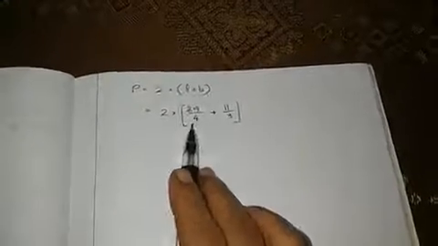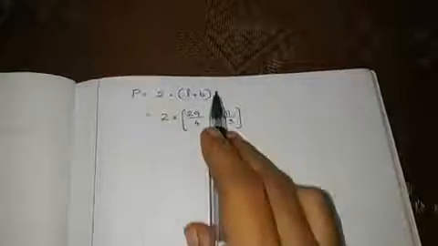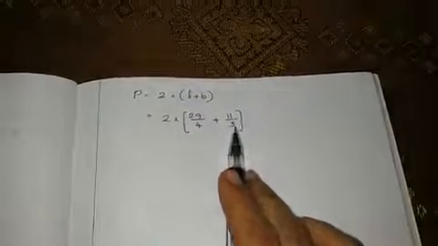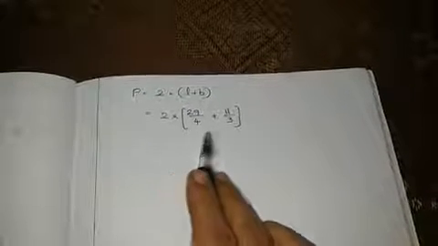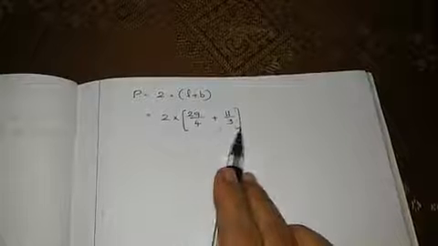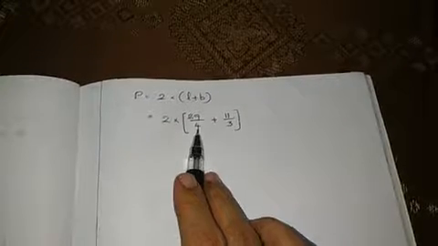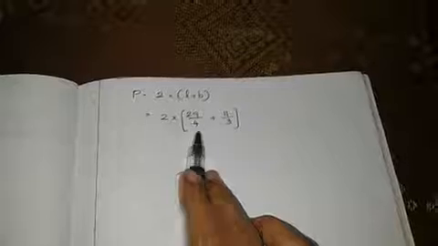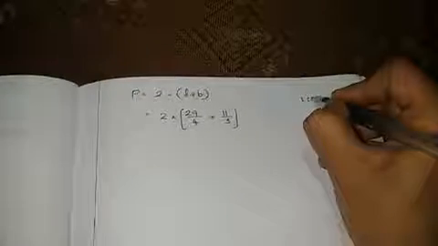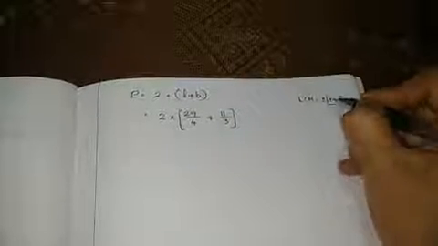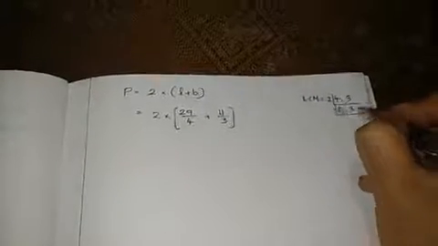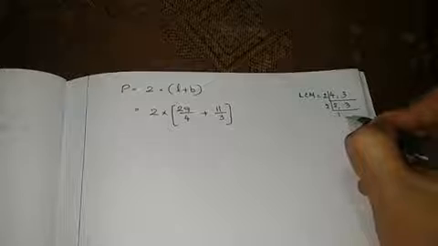Instead of L we can write 29 by 4. Instead of B we can write 11 by 3. Okay. Now first we have to add and solve this bracket. Denominator is different. So if the denominator is different, we will take the LCM of the denominator 4 and 3. 2 times 3 itself, then again 2, 1 time 3 itself, again 3.